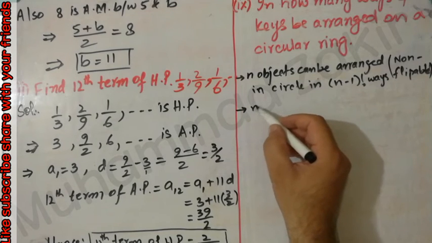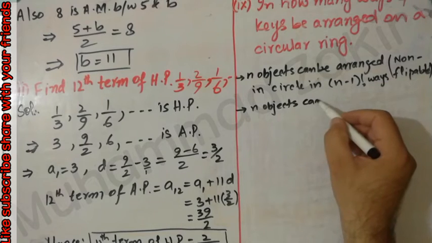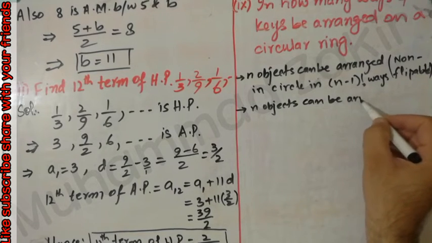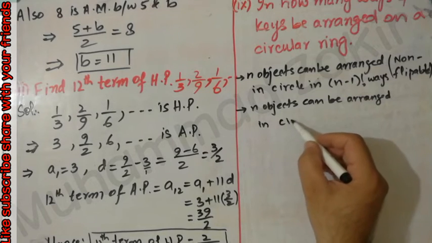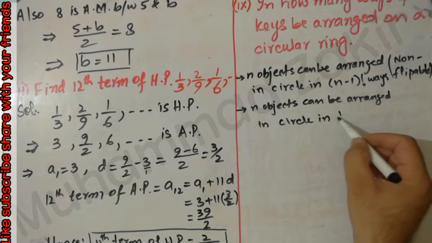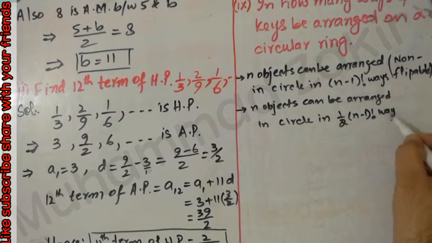And n objects can be arranged in a circle in 1 by 2 times n minus 1 factorial ways. This is the case for flippable circular permutations.